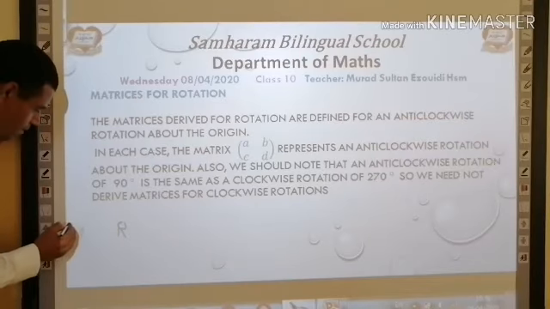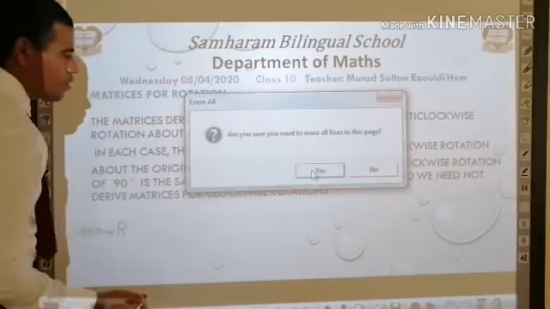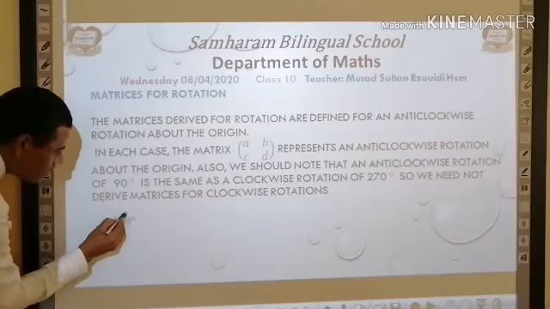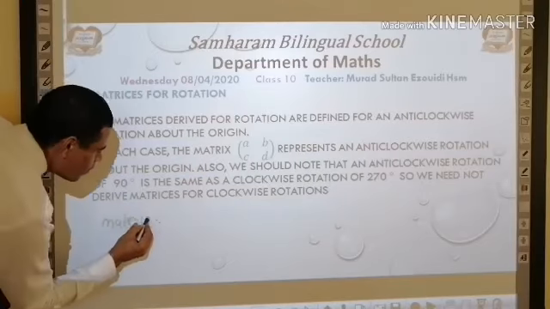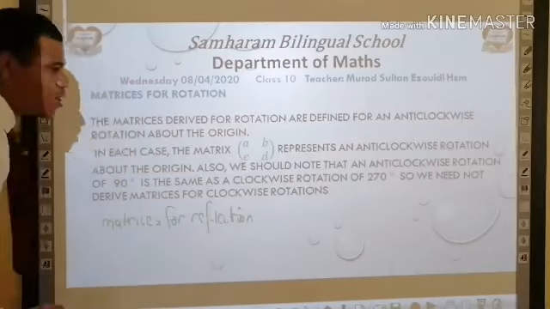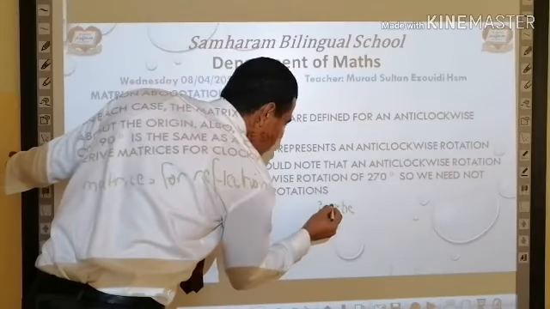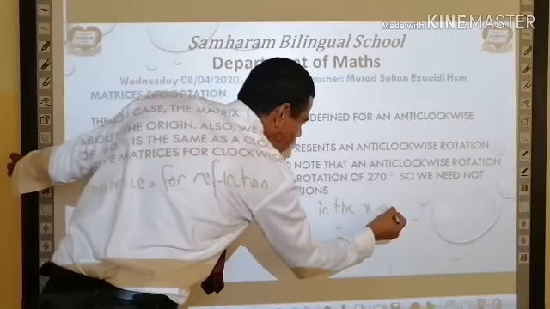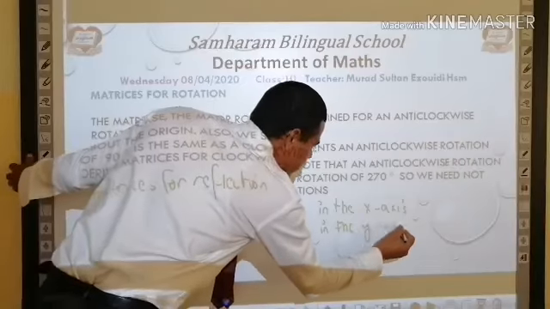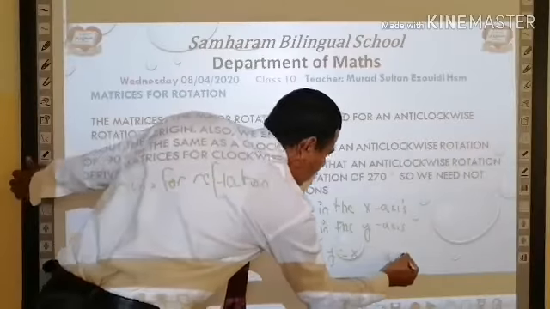Matrices for reflection. We saw in the x-axis, then in the y-axis, then in the line y equal x, and in the line y equal negative x.